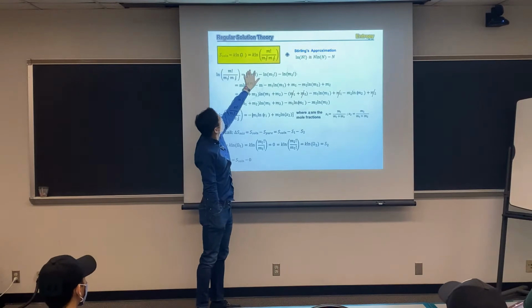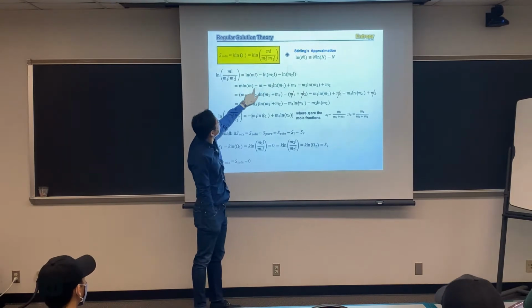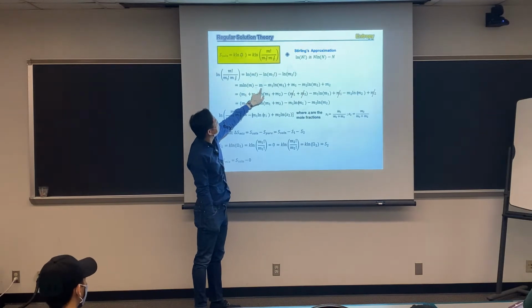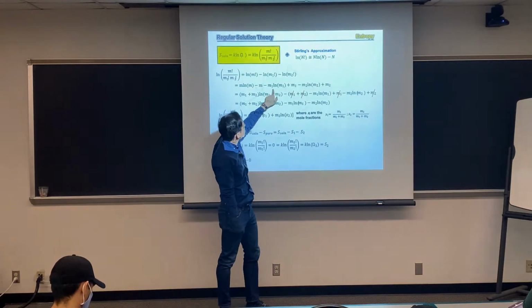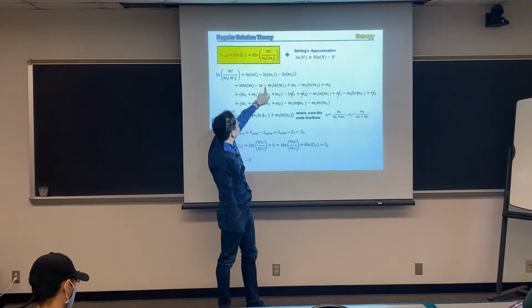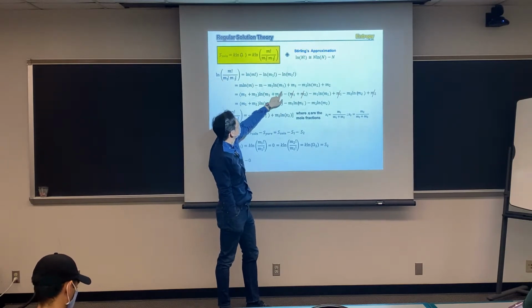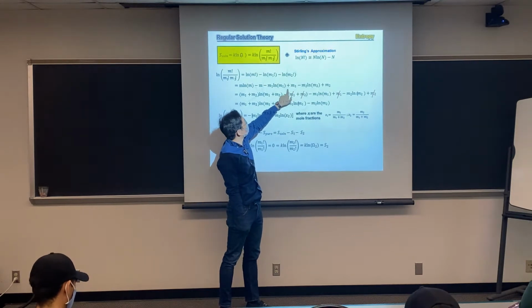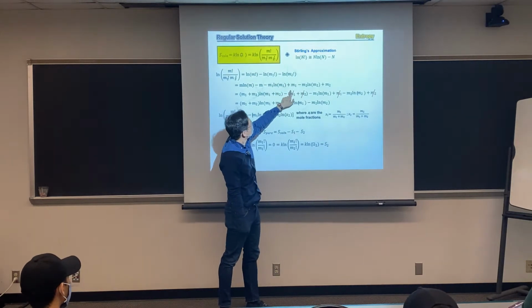The first part will be expanded to this portion of the equation, m log m minus m. The second part will expand the same for this part, but there's a minus sign, so remember, this is going to be minus, and minus m1 will now be converted to plus m1. Same here.